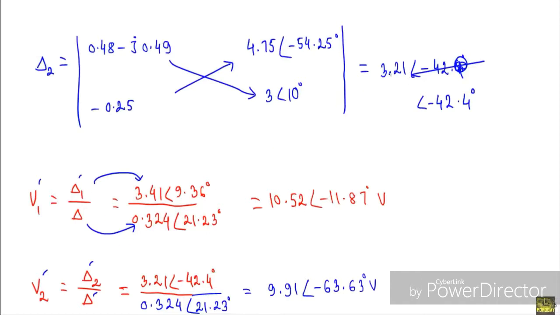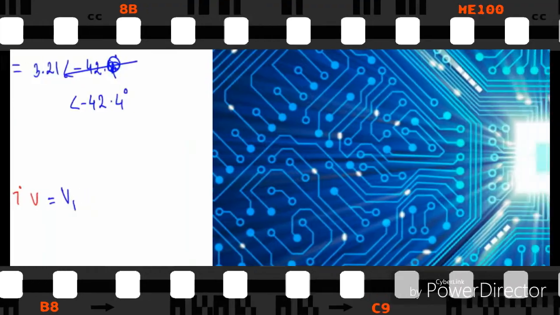Here delta 2 is equal to 3.21 phase angle minus 42.4 degree, and delta is equal to 0.324 phase angle 21.23 degree. So V2 will be equal to 9.91 phase angle minus 63.63 volt. So these are the two node voltages for the given network. Okay, that's it. Thank you.